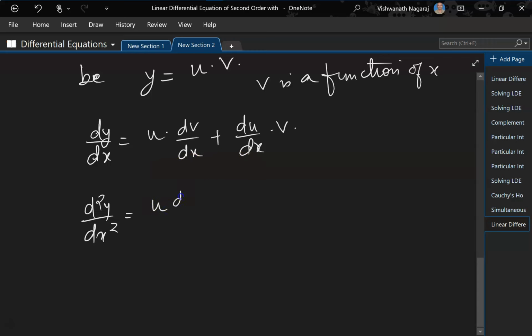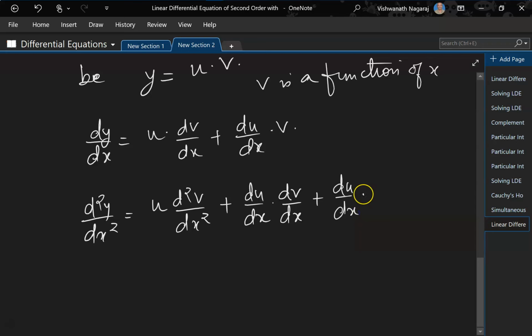So u as it is d square v by dx square plus du by dx times dv by dx as it is plus du by dx as it is times dv by dx plus v as it is d square u by dx square.